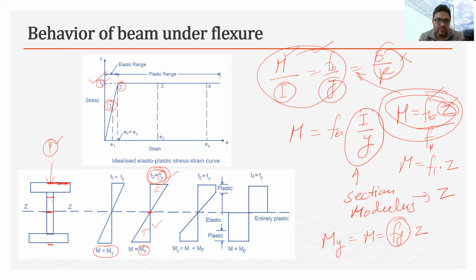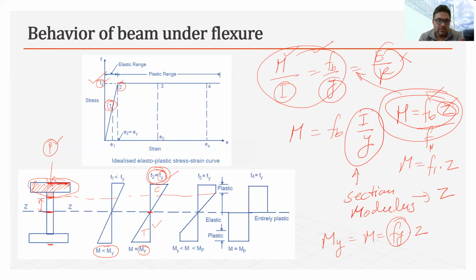we can say that this I section is yielded up to this point. Corresponding to this, we can say that this much part of the beam is yielded, while this part is still in the elastic region.